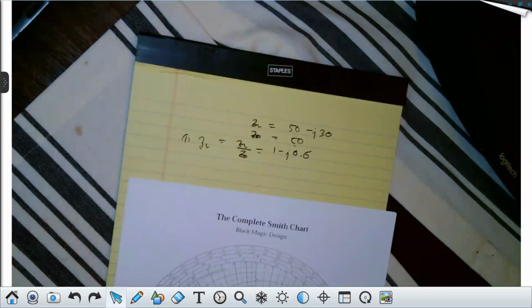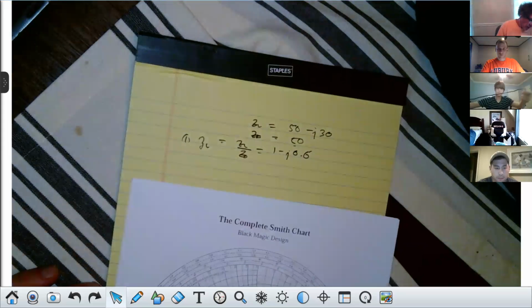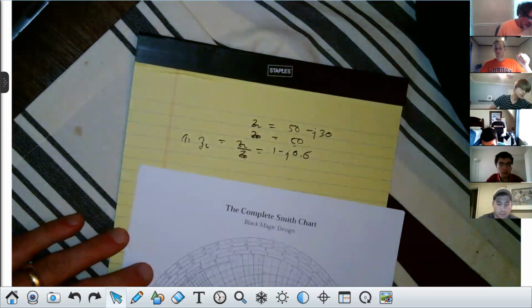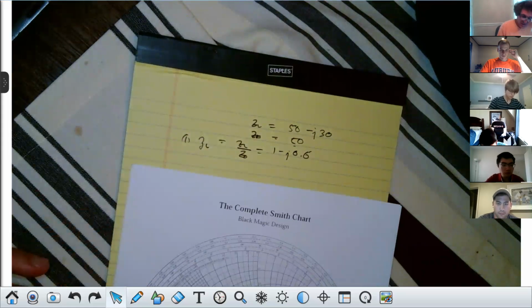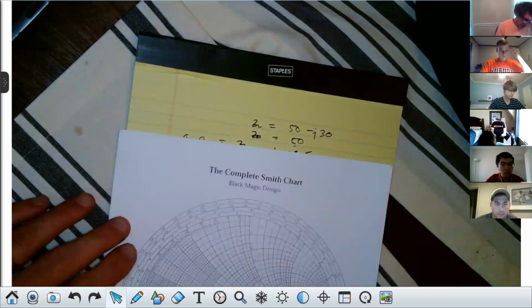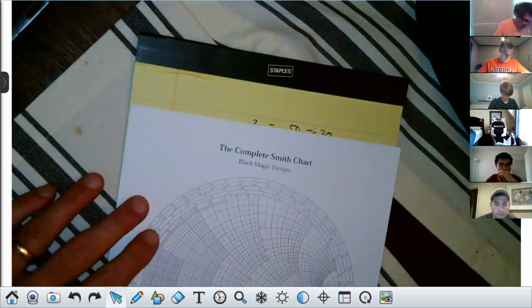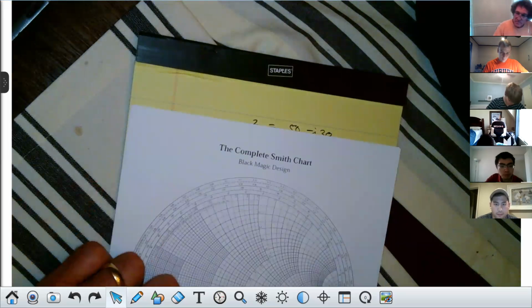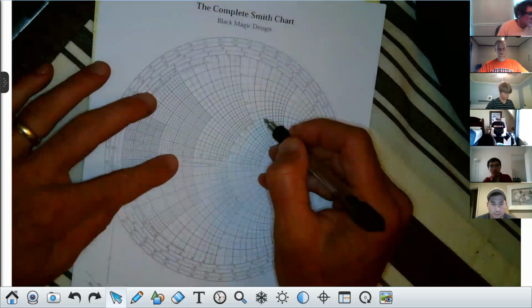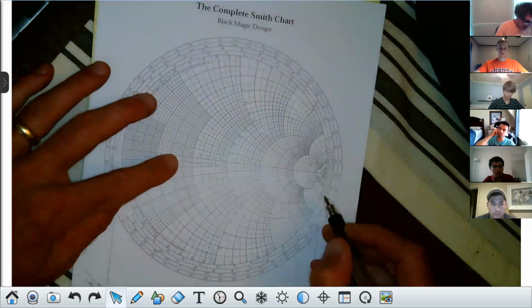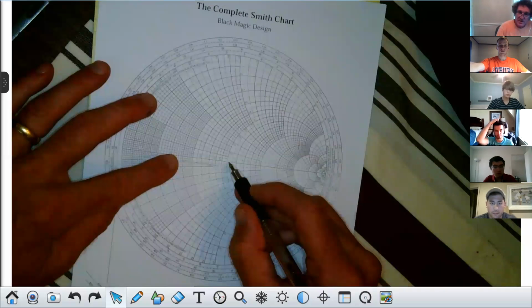All right, next, you got to locate it on this Smith chart. So where I have 1 minus J.6, this is an interesting one, by the way. Where is that? Well, this is the one circle, right? It's this one right here that goes through the center.